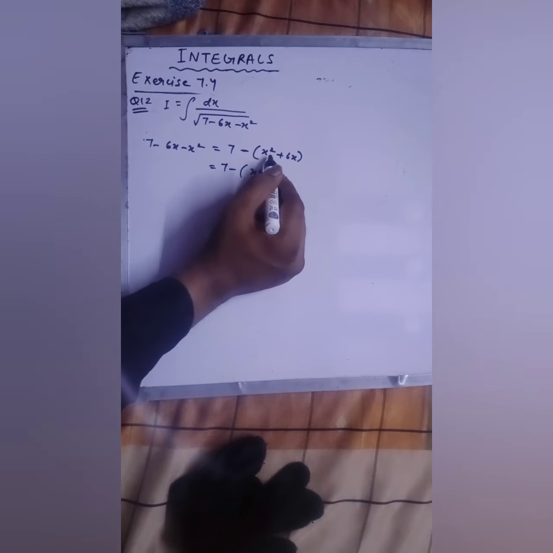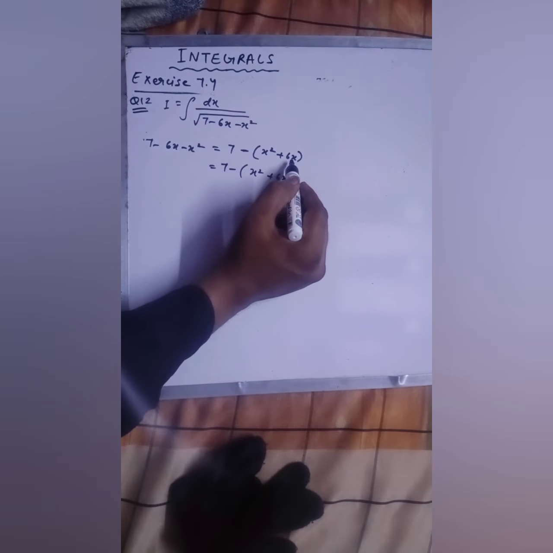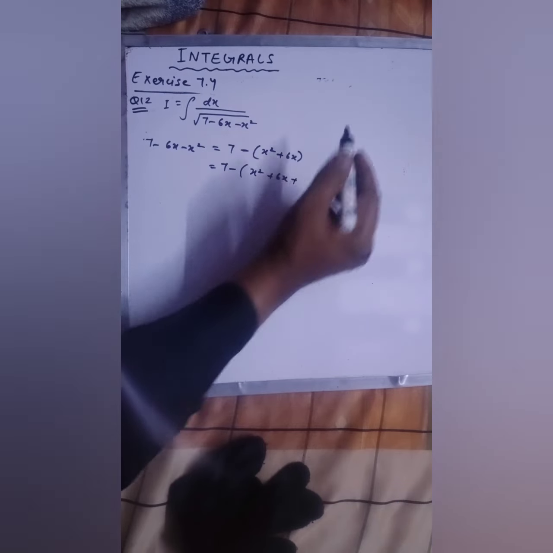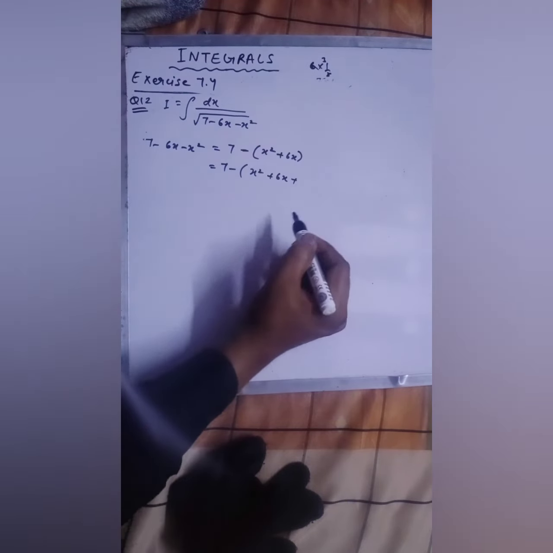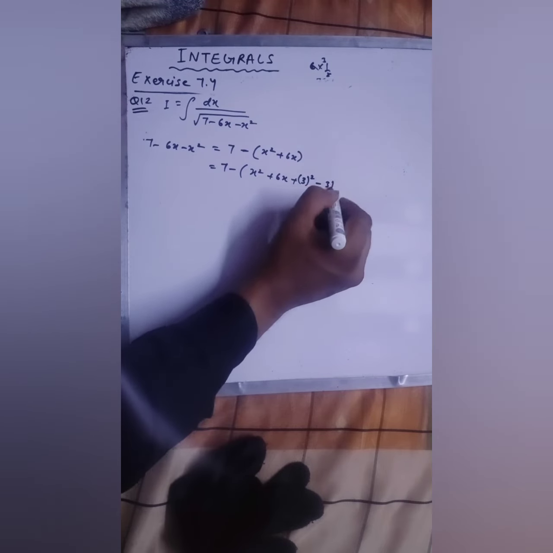So x square plus 6x. Now the second step is you have to multiply the coefficient of x by half. So here the coefficient of x is 6. So you will multiply this by half, so you will get 3. So now I am taking the square of 3 and I am subtracting the square of 3.